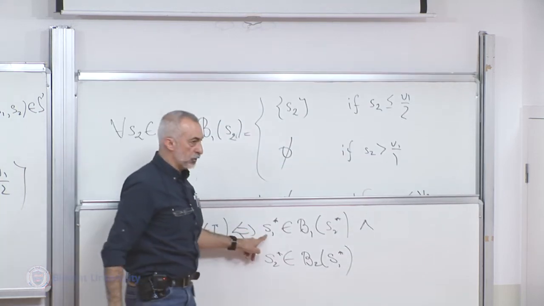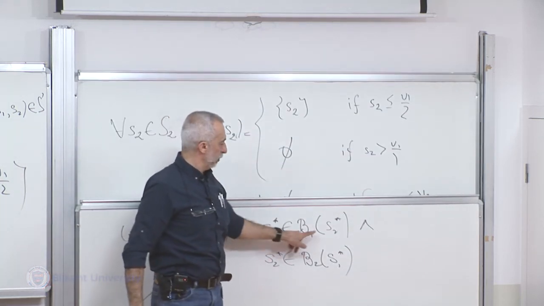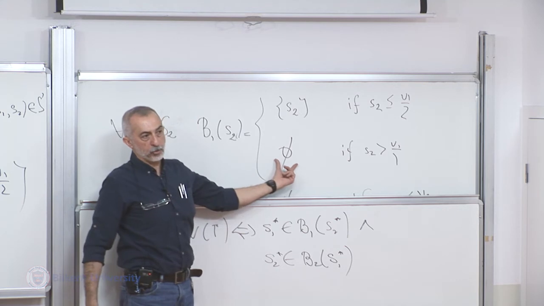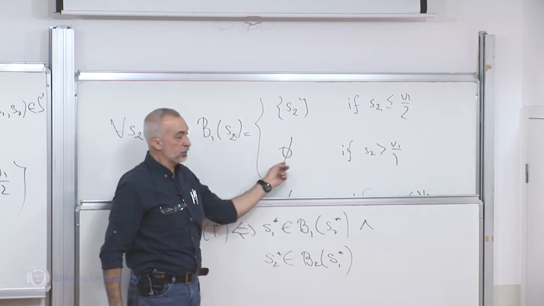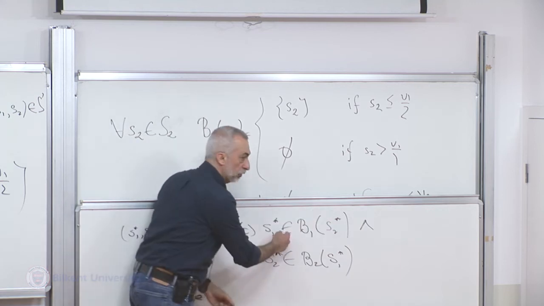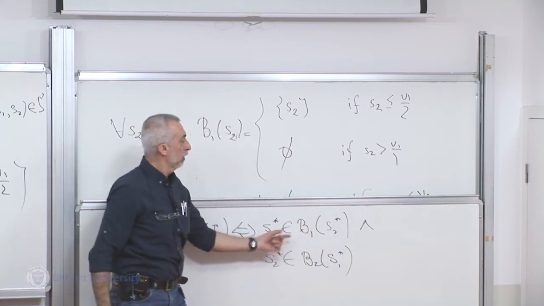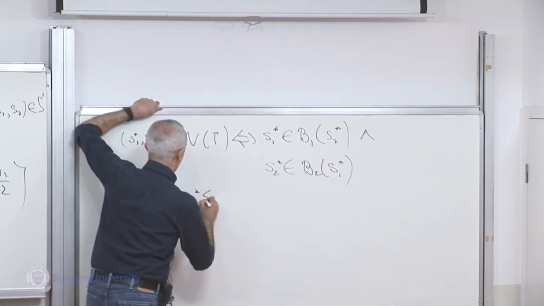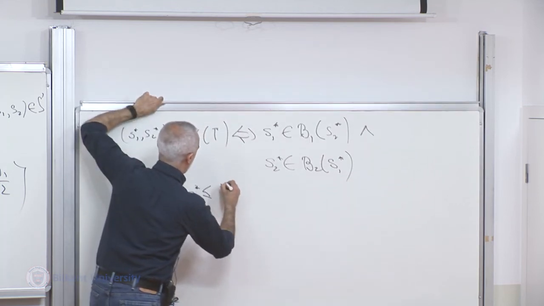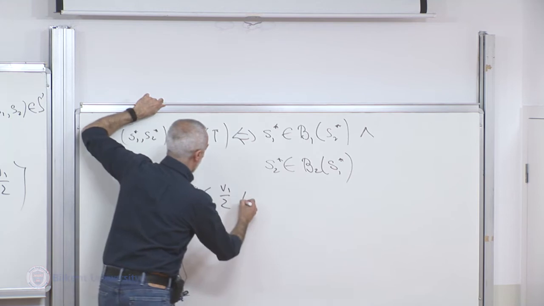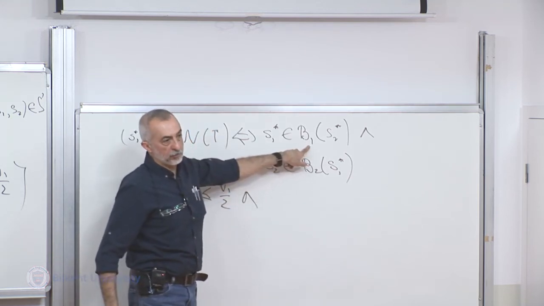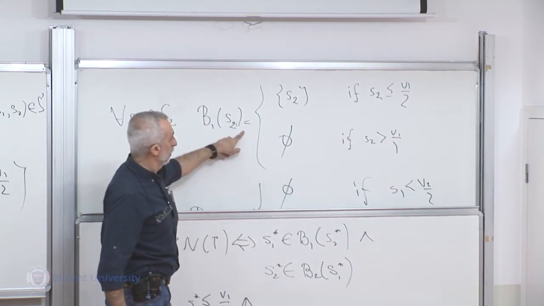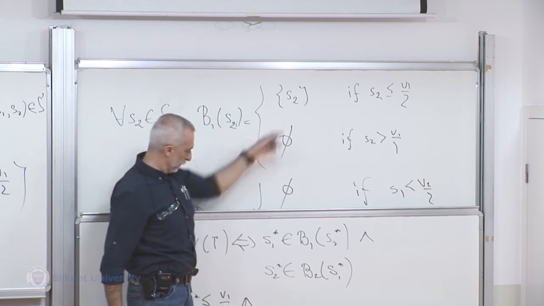First, S1 star being a best response of player 1 to S2 star means that, first of all, the best response correspondence is non-empty valued. So this set containing an element automatically implies that S2 star is less than or equal to V1 over 2. And so by this, we guarantee that this is non-empty valued. So S1 star should be an element of that set, but then it means that S1 star should be equal to S2 star.